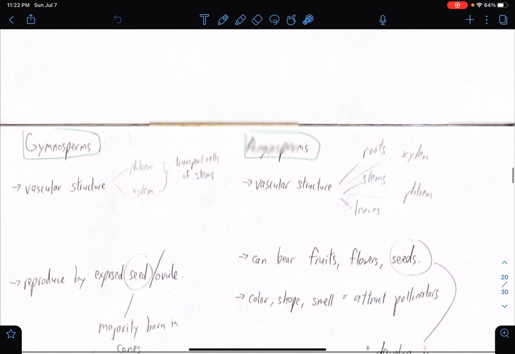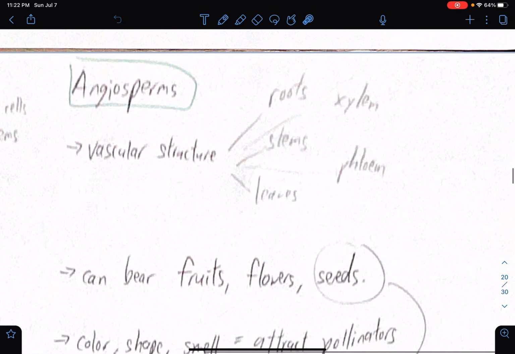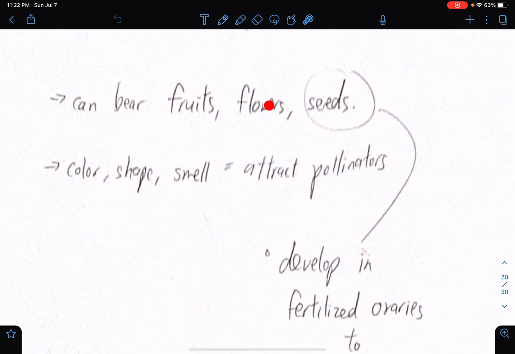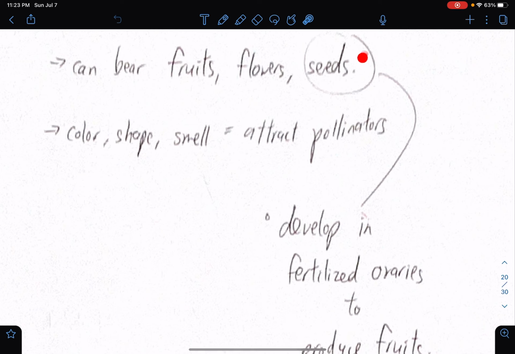Let's move to angiosperms. Angiosperms have a vascular structure: roots, stems, leaves, xylem, phloem. They can bear fruits, flowers, and seeds. They have a color, shape, and a smell, and these are factors that contribute to their ability to be attractive to pollinators. How about seeds?